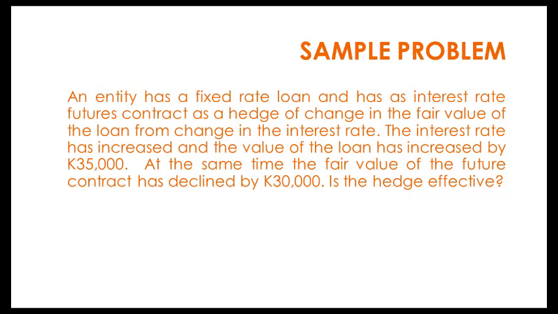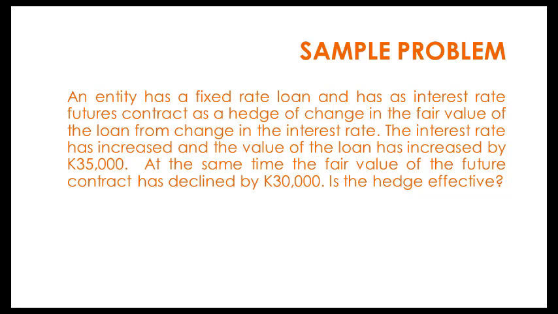Now let's try to test the effectiveness of a hedging transaction. An entity has a fixed rate loan and has an interest rate futures contract as a hedge of change in the fair value of the loan from the change in interest rate. So here they're trying to reduce the risk of the varying interest rate. So it's not limited only to foreign currency transactions, but also to loans with varying interest rate.